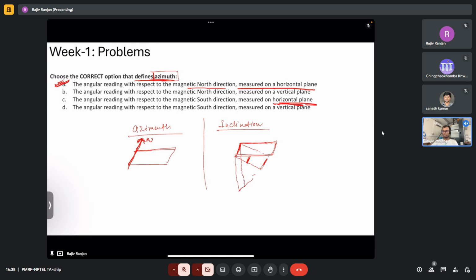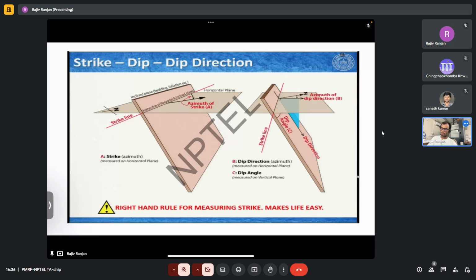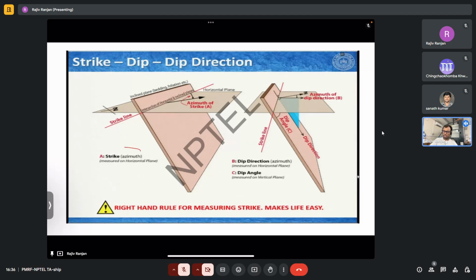So there are two types. I will show you this picture. I have taken this picture from the lecture series. You can see the first is azimuth and the second is inclination. Inclination is measured in a vertical plane. The azimuth is in a horizontal plane and inclination in a vertical plane, right?